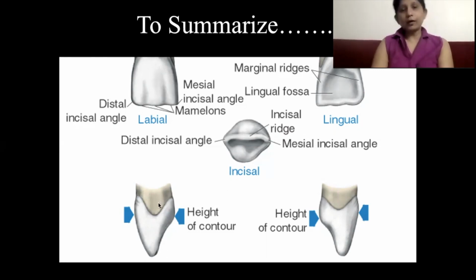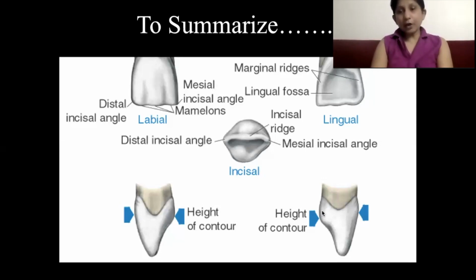On the mesial aspect, you can see a labial outline and a lingual outline. On the labial outline, the crest of curvature or height of contour is at the cervical third, and on the lingual outline, the crest of curvature is at the junction of the cervical and middle third. After that, we have a concavity due to the lingual fossa and then the incisal ridge.